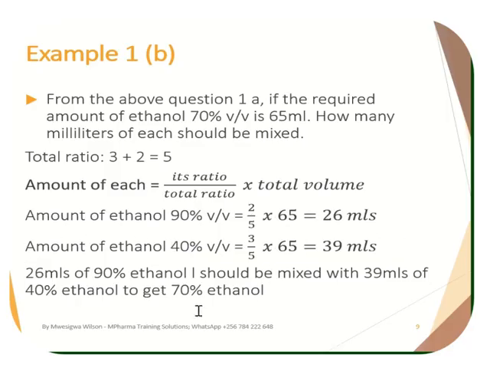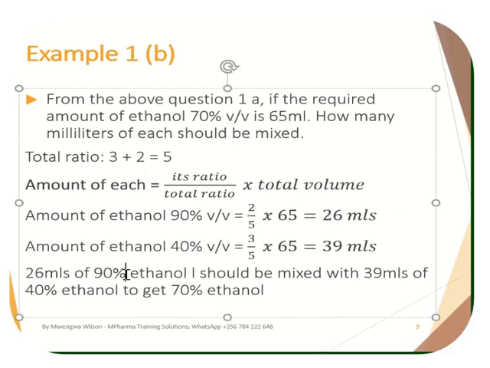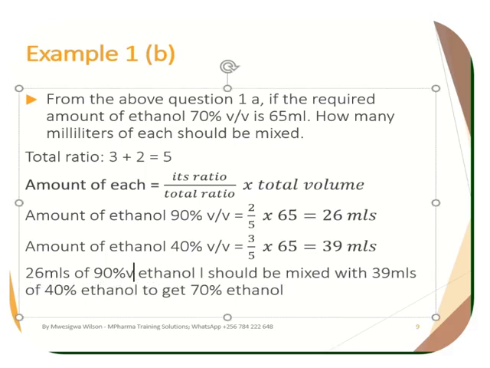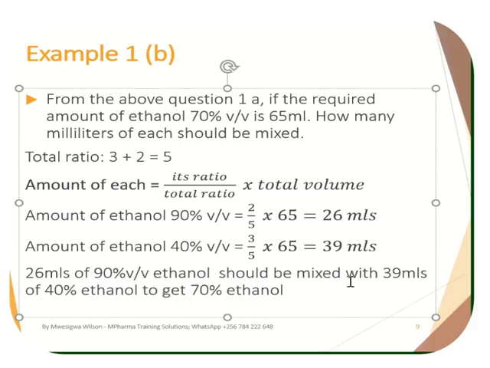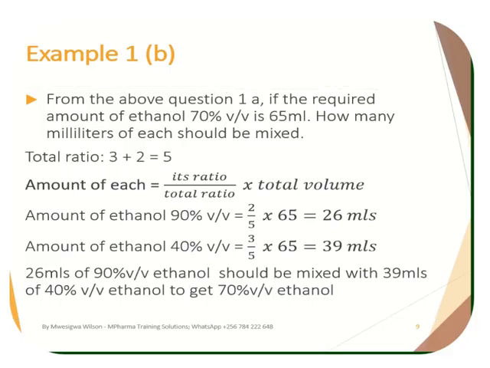It's good you conclude: 26 mL of ethanol 90% volume per volume should be mixed with 39 mL of 40% ethanol to get 70% volume per volume ethanol. So you can conclude like that.